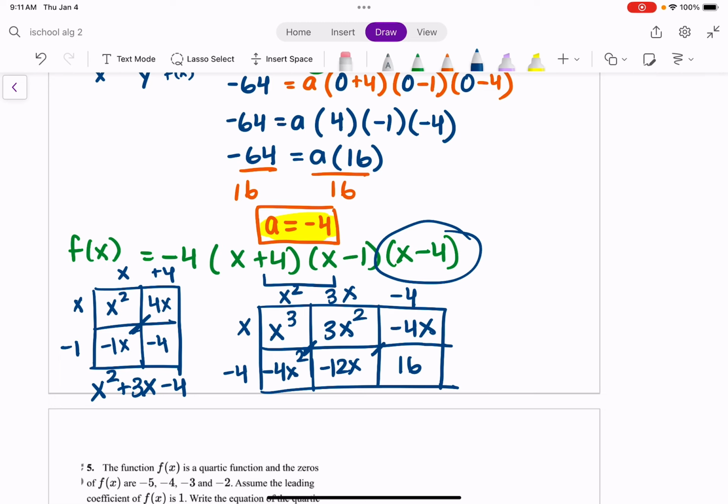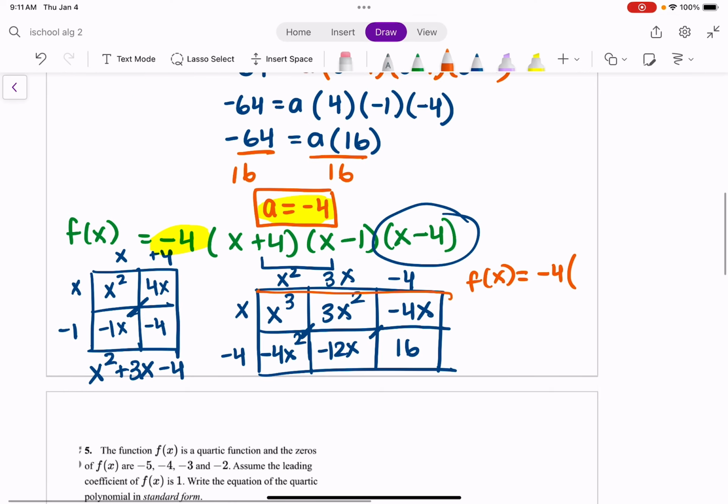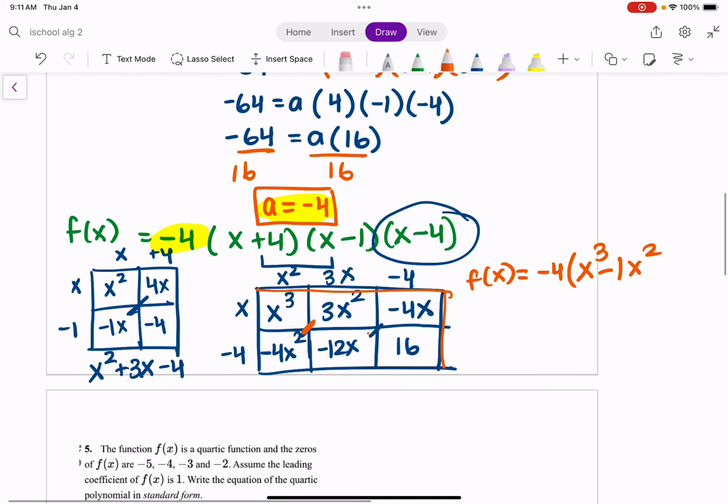So I'm going to get, remember, I still have my a. So I have f of x equals -4 parentheses, and now I'm going to focus on the box, right? So I have x to the third. If I combine these, I'm going to have minus 1x squared. If I combine these, I'm going to have minus 16x plus 16.